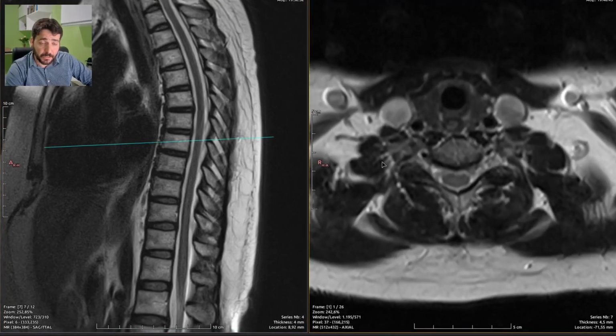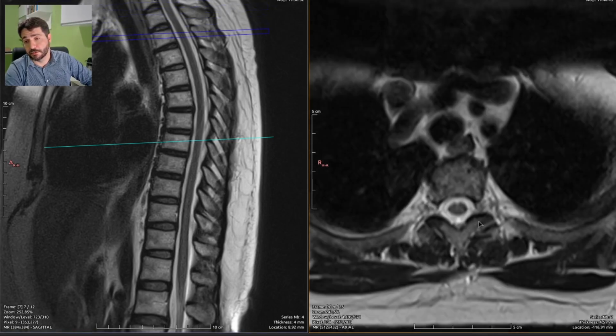Usually, dorsal spine is scanned on the axial view in two planes, first half, and in two sequences, in two different orientations. The first acquisition is from top to middle, and the second is from middle to bottom because of the normal kyphotic, the normal curvature of the spine.